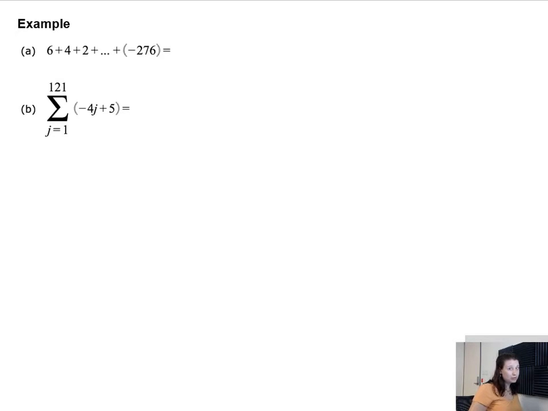Now, sigma is just a symbol that we use to say sum, find the sum, all right? So first here, if we're told we have 6 plus 4 plus 2 all the way up to plus negative 276. All right, let's think about that sum formula. We had n times the first term, so a1, plus the last term of an over 2, right?